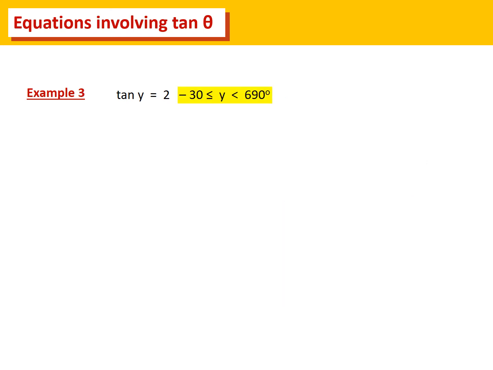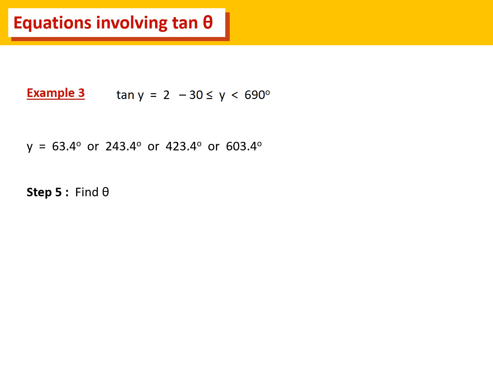Now note, we need y between -30 and 690, and our two angles are 63.4 and 243.4. So we can add 360 degrees to each of these and still fit two more angles in. So here now we have our 4 solutions for y. But our final step is to find that in terms of theta.